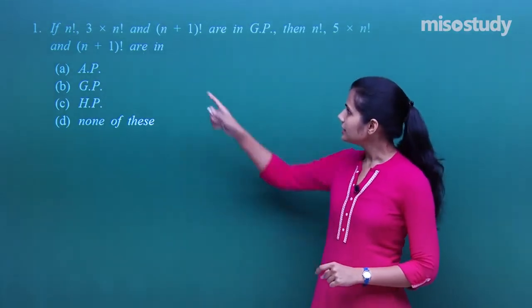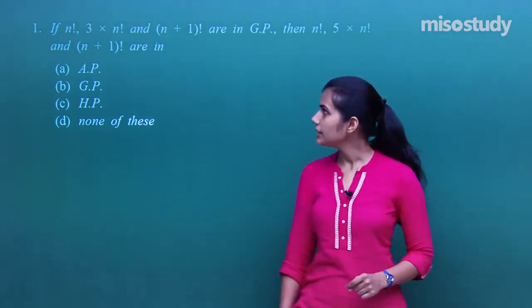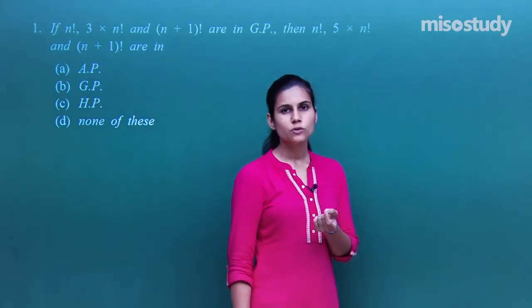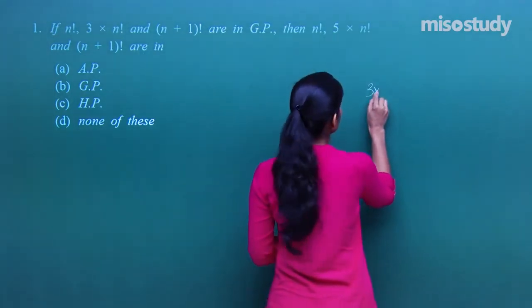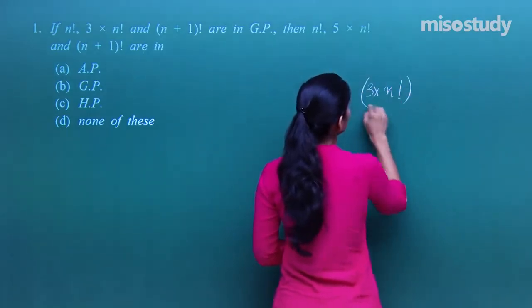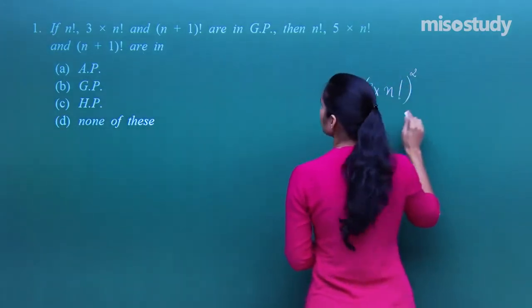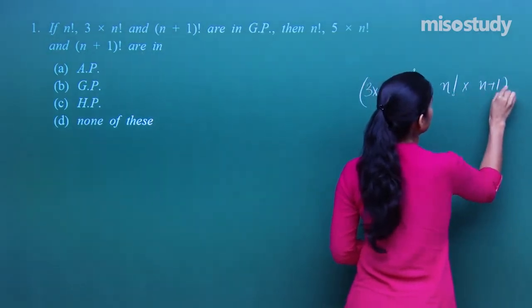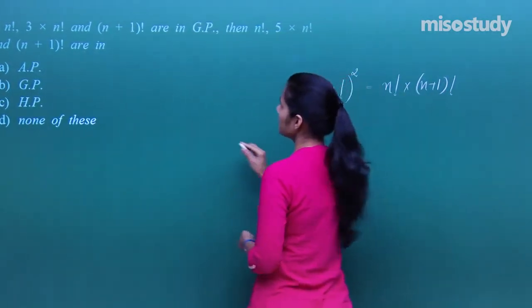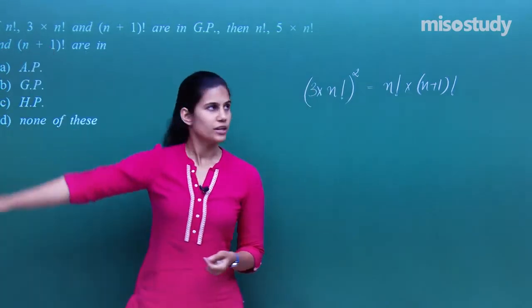So it's given to us that these three terms are in GP, that means the square of the middle term is equal to the product of the extremes. So you get (3·n!)² = n!·(n+1)!. Why? Because these three are in geometric progression.